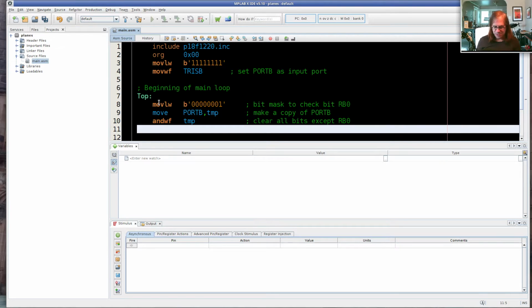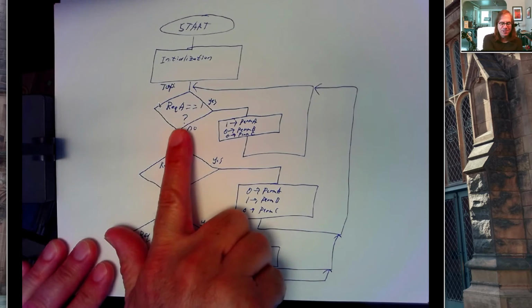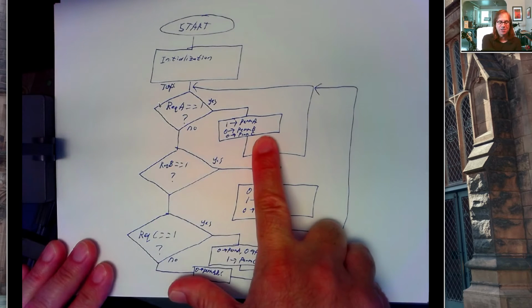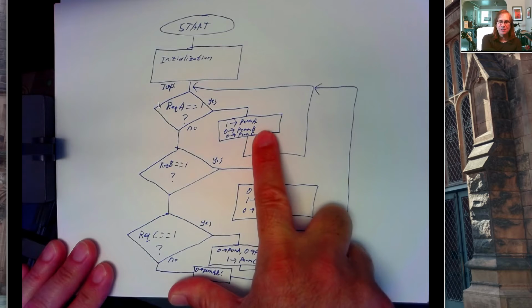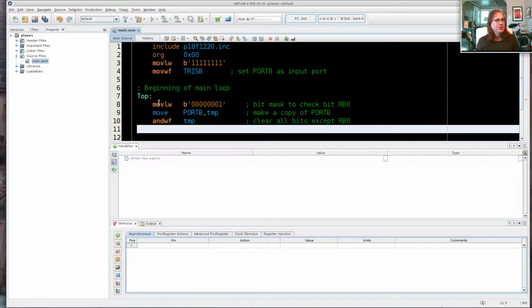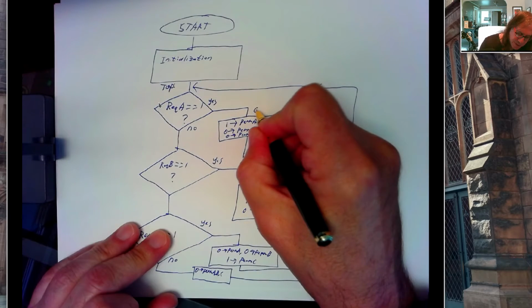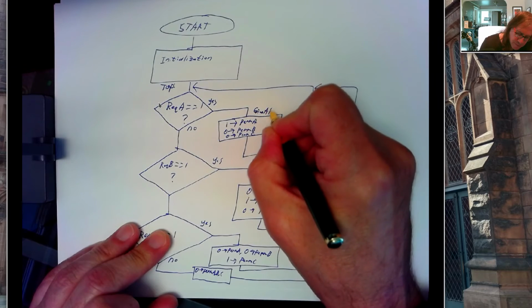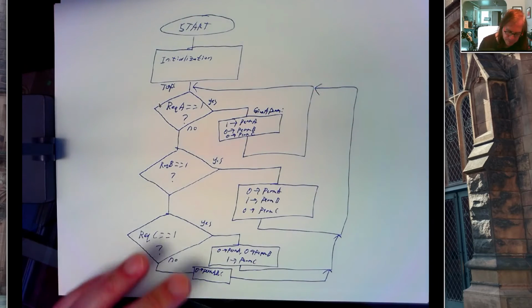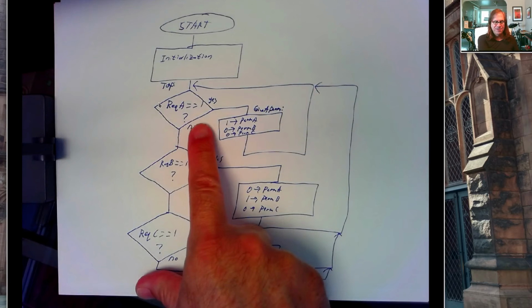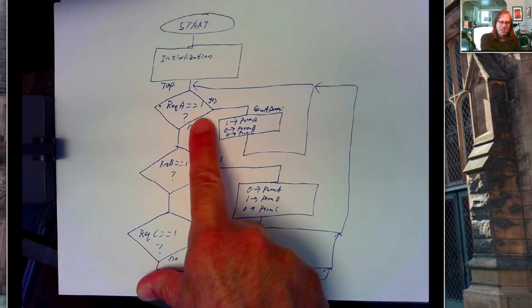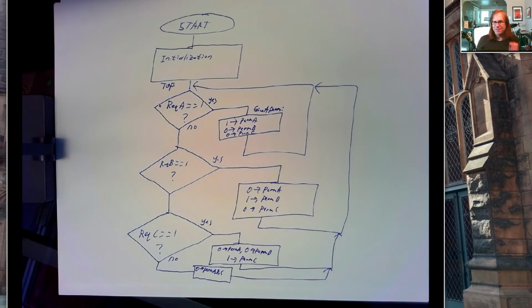And then what's our flowchart say? It says if that bit is a 1, we should go ahead and do this stuff. And so I'm going to call this something separate. I'm going to call this give A permission. And so if ANDing with this bit mask, which pulls off that least significant bit, ends up being equal to 1, in other words, not 0, then I want to go ahead and give A permission.